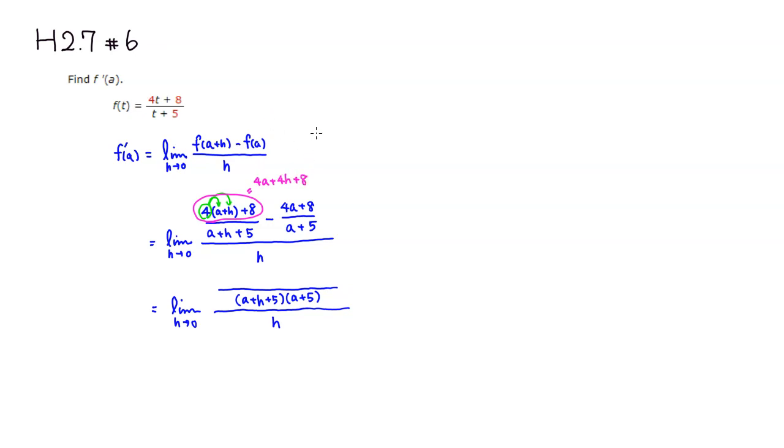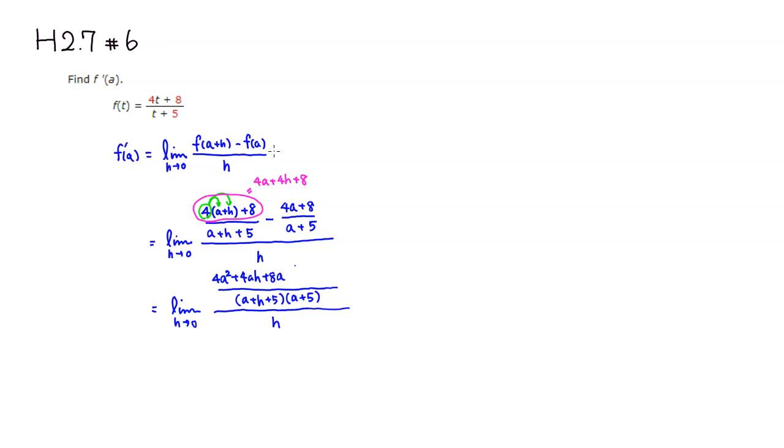For the common denominator, since we multiply the denominator by the quantity a plus 5, we have to multiply the numerator by a plus 5. So a times 4a is 4a squared, a times 4h is 4ah, a times 8 is 8a.